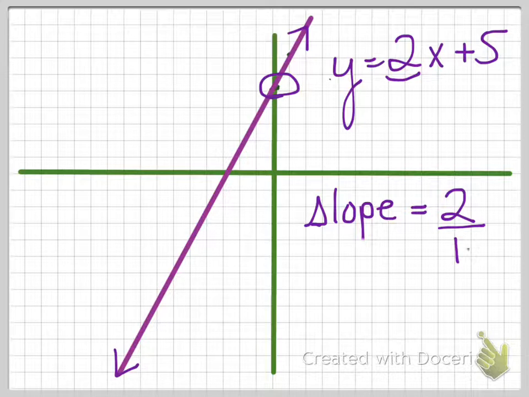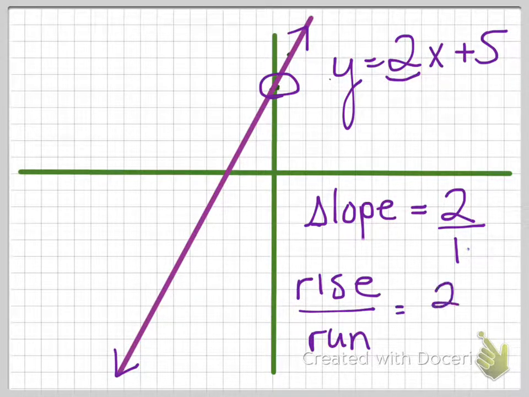Any number can be expressed as a number over 1. So in the case of 2, you could say 2 over 1. That's the rise to the run ratio. So one more time, rise over run equals 2 over 1.